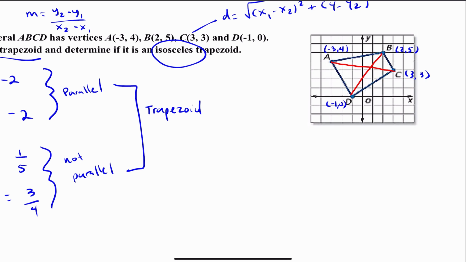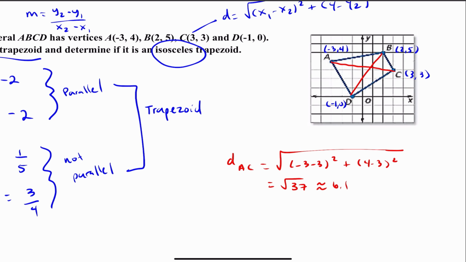So I'm going to calculate AC. The distance of AC is going to be -3 minus 3 quantity squared plus 4 minus 3 quantity squared, and that's going to give me root 37. As a decimal, that's approximately 6.1.